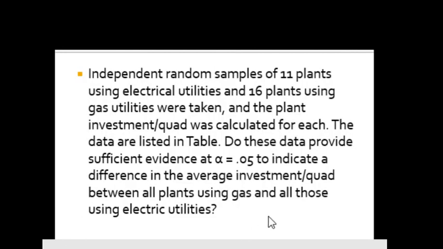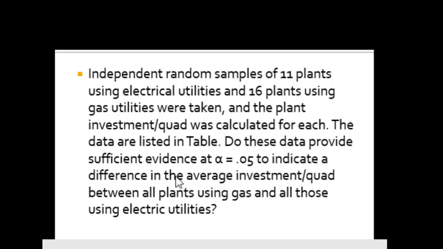So let's see how we will conduct the test. Independent random samples of 11 plants using electrical utilities and 16 plants using gas utilities were taken, and the plant investment per quad was calculated for each. We have the data listed in the next table. Do these data provide sufficient evidence to indicate a difference in the average investment per quad between all plants using gas and all those using electrical utilities?